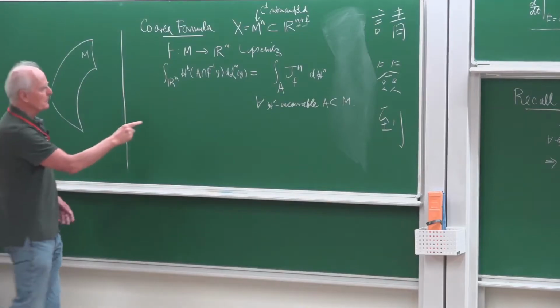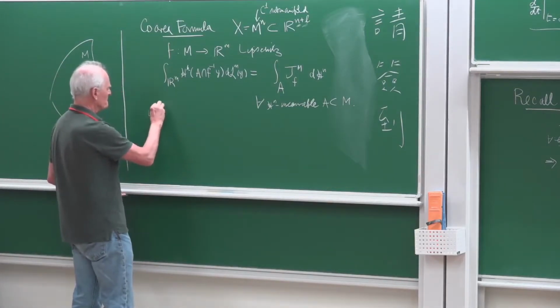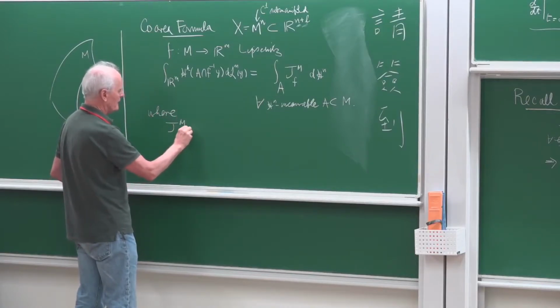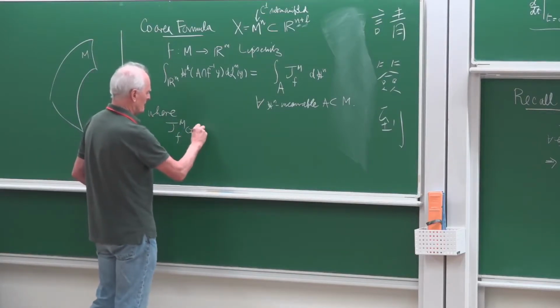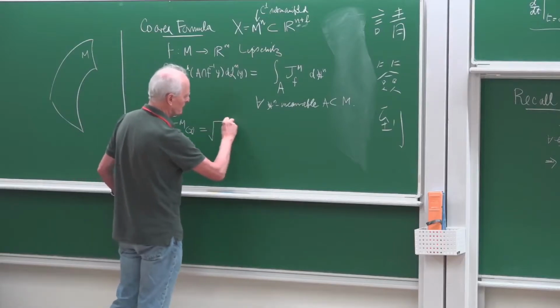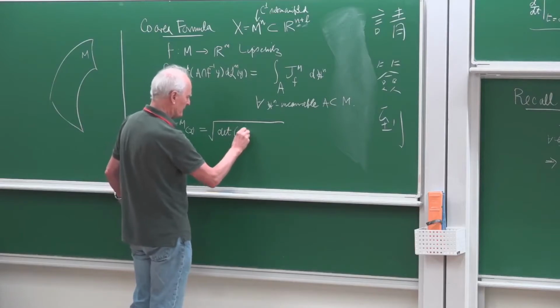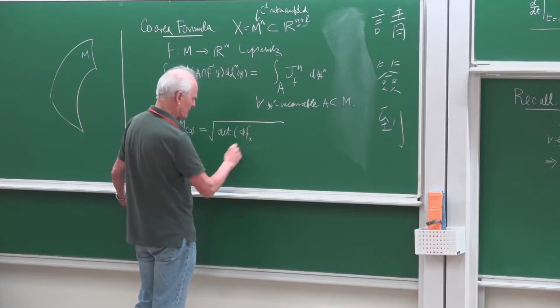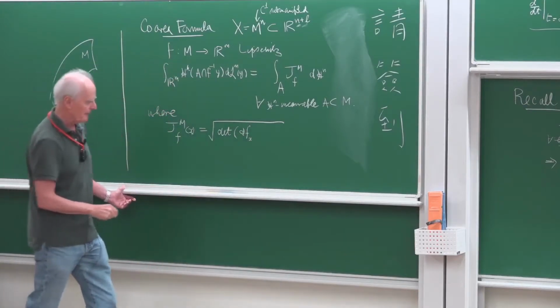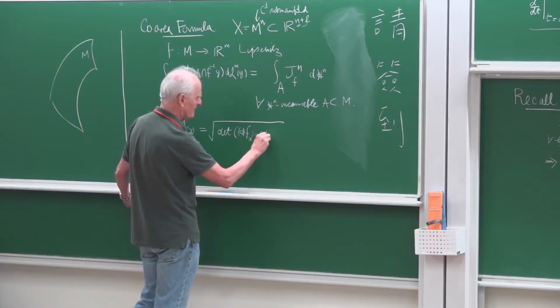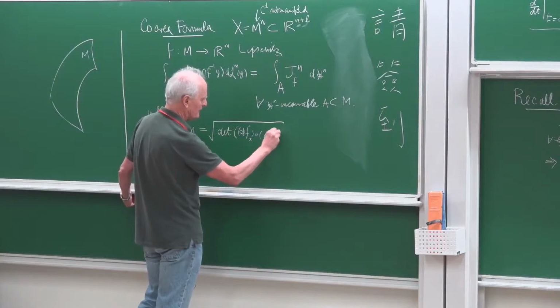And now I've got to say what J_m f is, where J_m f at x is just equal to the square root of the determinant of df_x, that's the induced linear map of f at x, composite with the adjoint of that induced linear map, df_x adjoint.